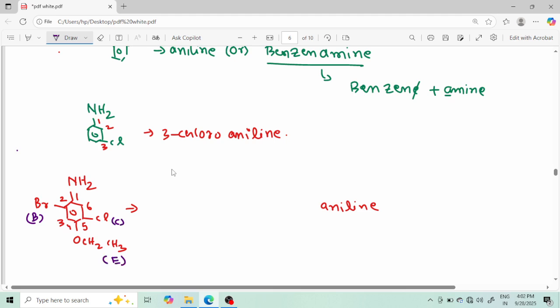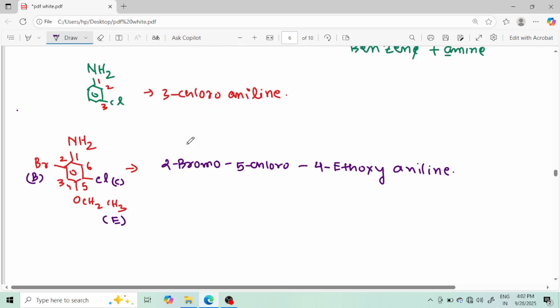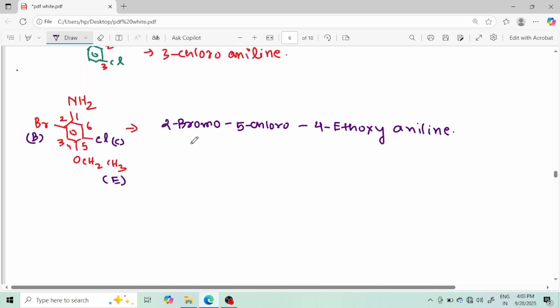Alphabetically bromo comes first, so I will write 2-bromo. Then I will write 5-chloro, and lastly we will write 4-ethoxy, and then aniline. This one is chloro, this one is chlorine. Understood? Very simple, right? It's the same, the only difference is we use numbers instead of ortho, meta, para.